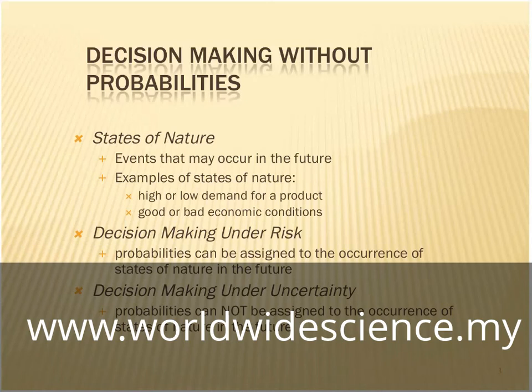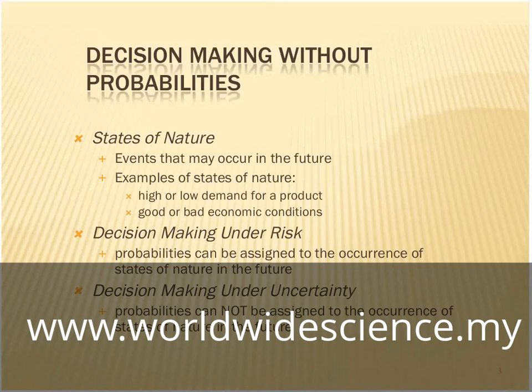You have two states of nature: high demand for the product, low demand for the product. After determining the states of nature, you should allocate a probability to each of them. The probability for high demand is 40% and the probability for low demand is 60%. You should consider it before taking any measure, before doing anything.